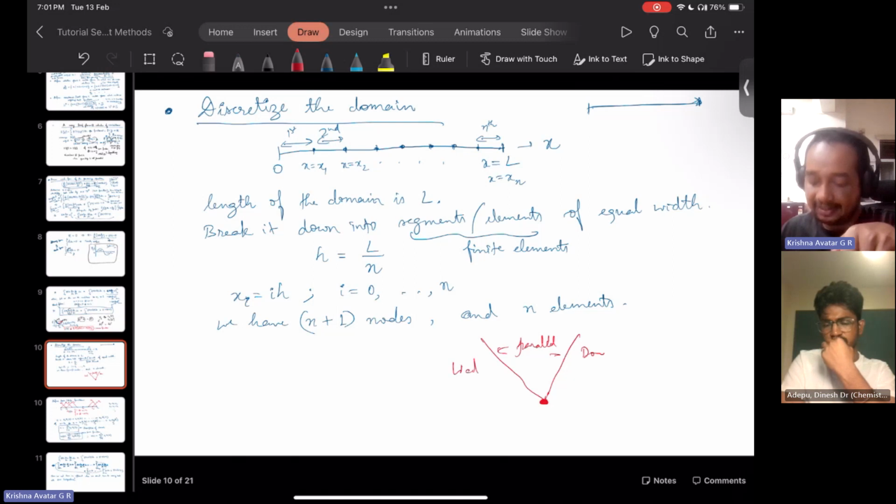They will go in parallel, and then we'll actually merge both of them to obtain our FEM discretization.